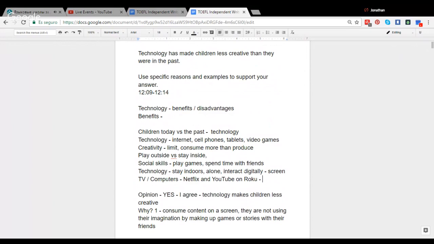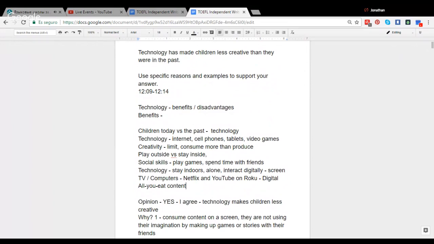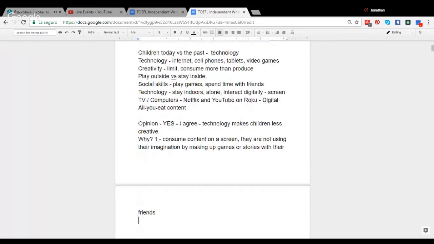They're watching it through a device that allows them to watch this kind of digital all-you-can-eat content. Great. Okay, now I'm up to 5 minutes here. So basically, yeah, they're not making up stories with their friends. They're just watching shows on TV and tablets. What else would I say here? They're not playing outside.